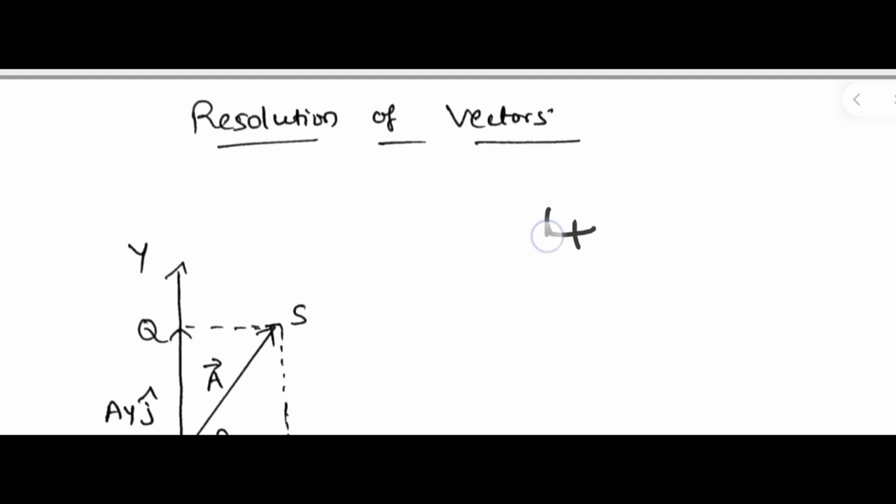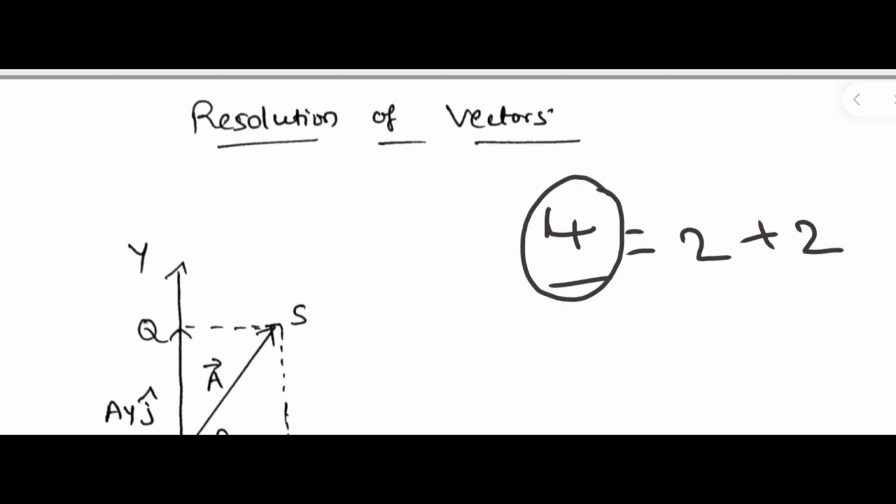That 4 can be split into 2 plus 2. Adding these two values, we get 4 again. Here we are resolving 4 into an x component and a y component: along x, 2, and along y, 2. After adding, again we get 4.